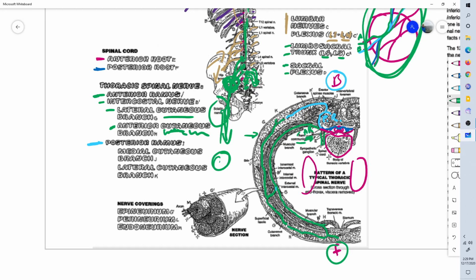So let's say somebody pokes you with a pin right here. That receptor, their signal will be received by the lateral cutaneous branch right here.